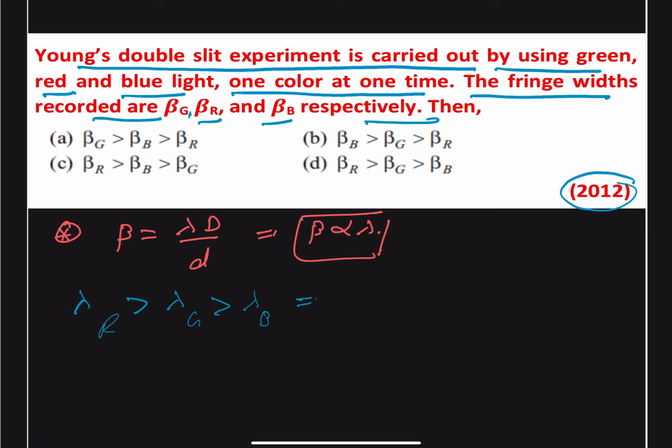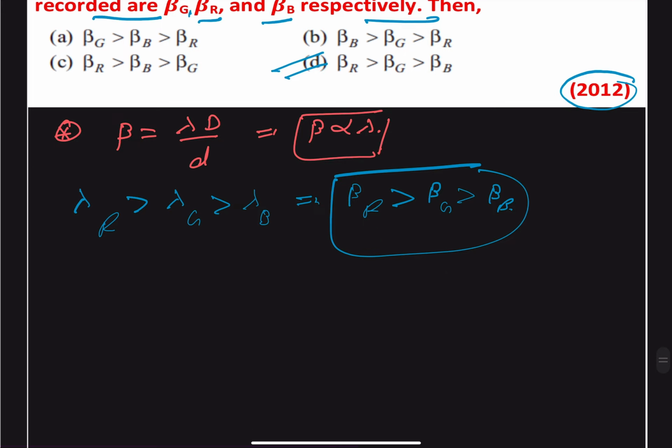So therefore, beta for red is greater than beta for green, which is greater than beta for blue. So the option RGB, that is D, is the correct one.